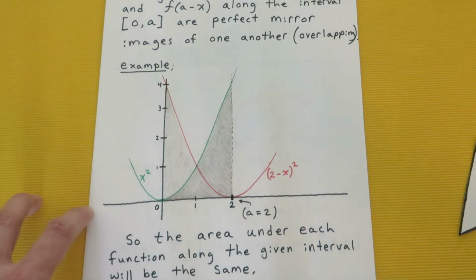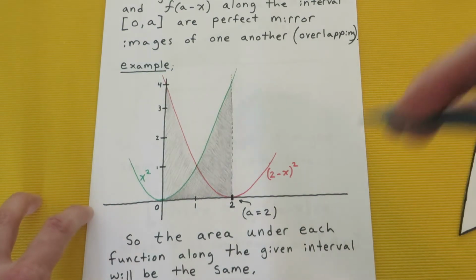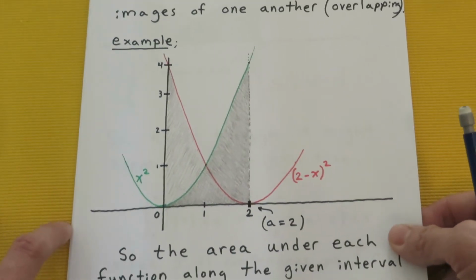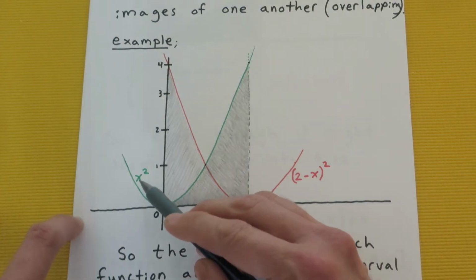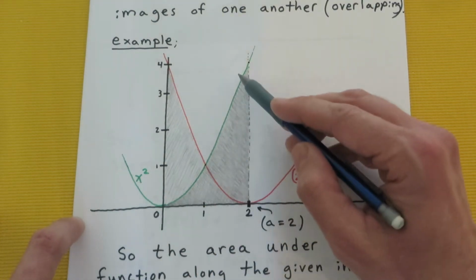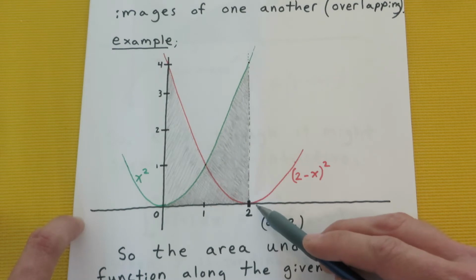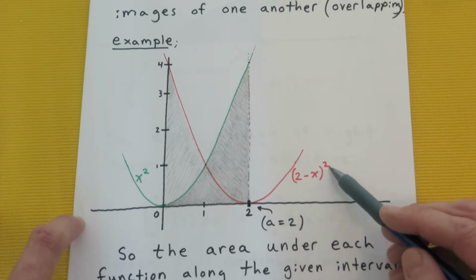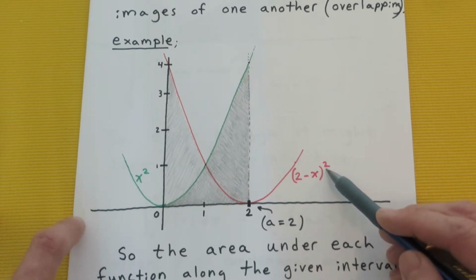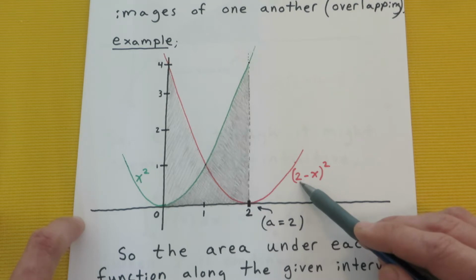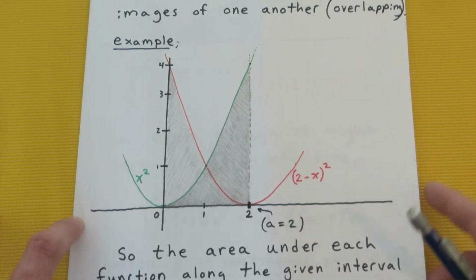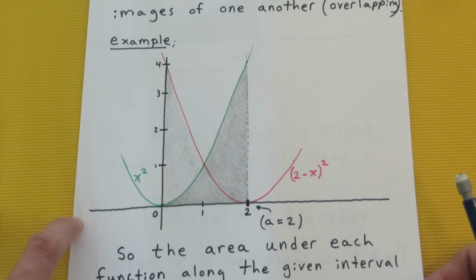As an example, imagine that we have a parabola defined by x squared along the interval of 0 to 2. Well, then our mirror function is just going to be 2 minus x, all squared. So squared is the function, and then we're just plugging in 2 minus x in place of x.